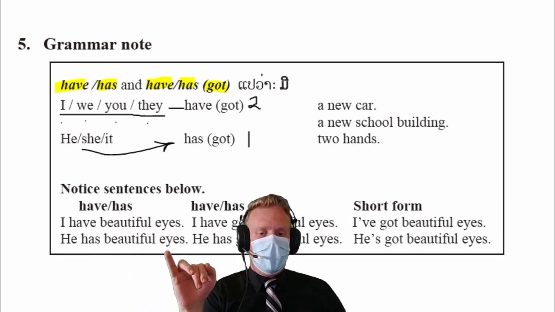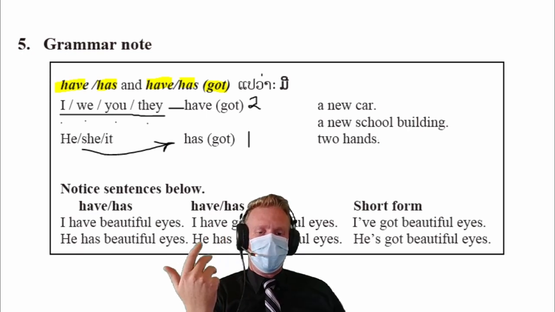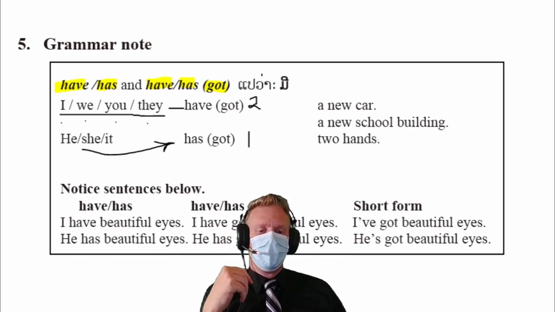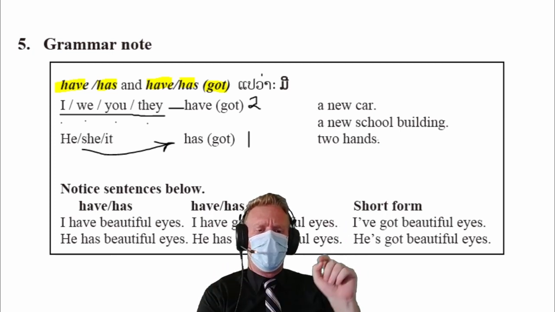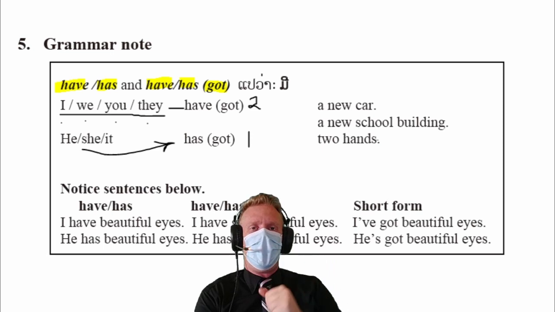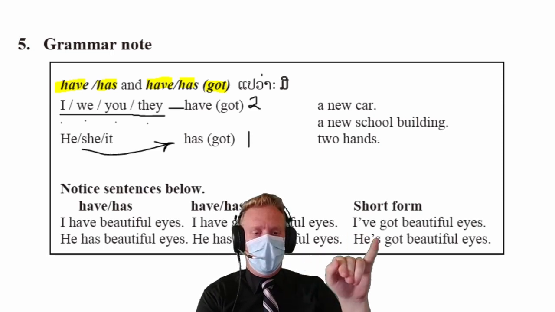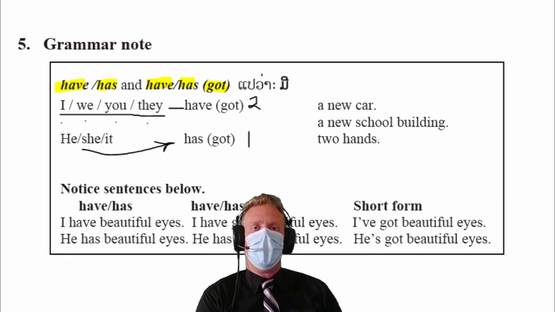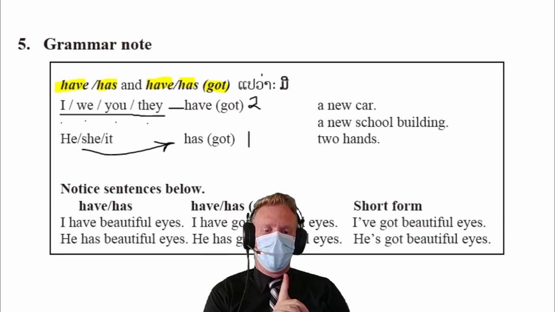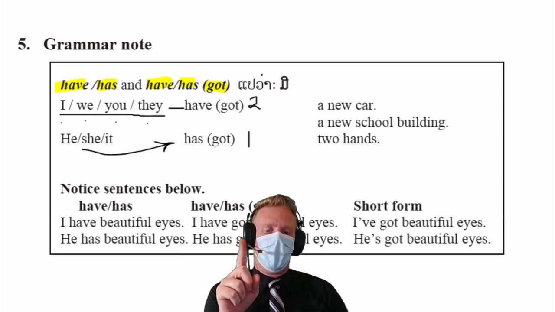Example, he has, one person, he has beautiful eyes. Right. You also have the short form or the contractions. Yes, contraction. I have, I've, he has, he's got. Right, so those are the short forms. Remember, have for two, has for one.